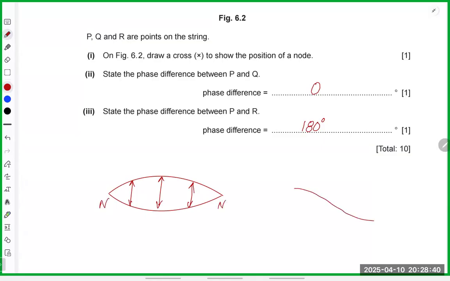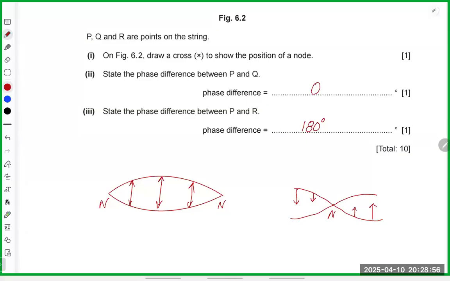But if we have a node in the middle like this, if these points are coming down, then these points are going up.